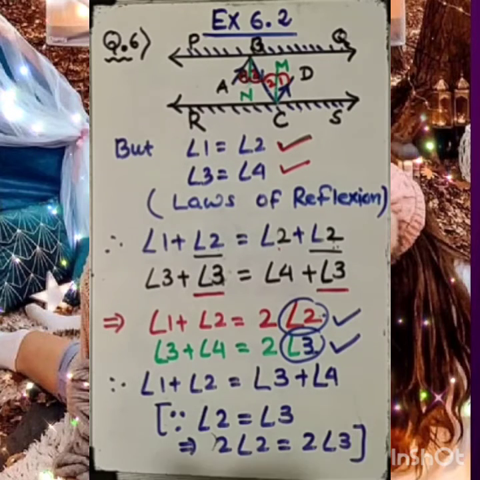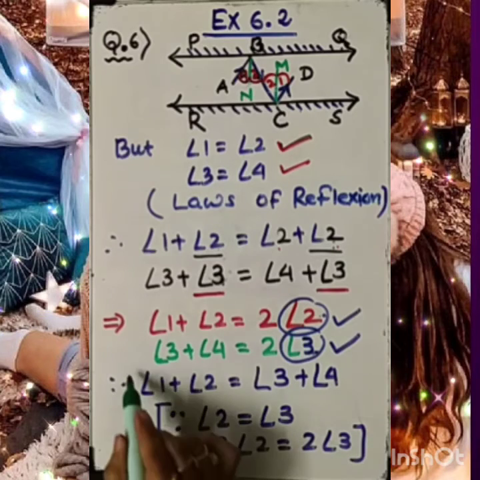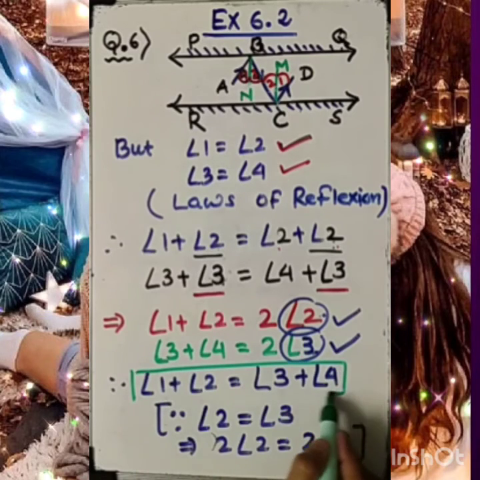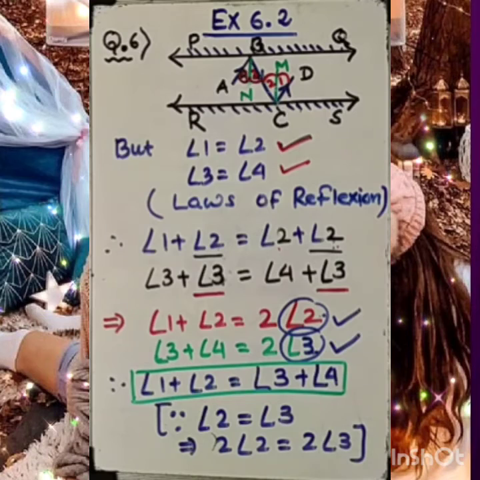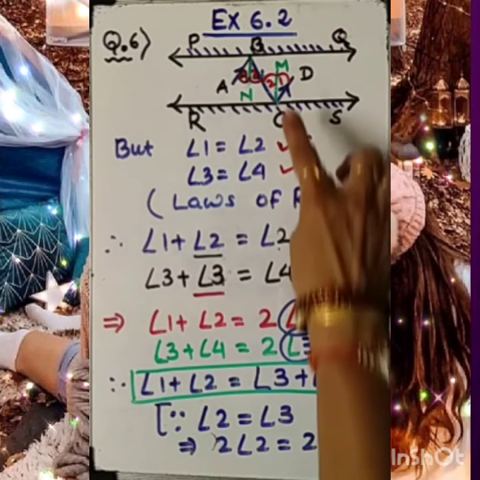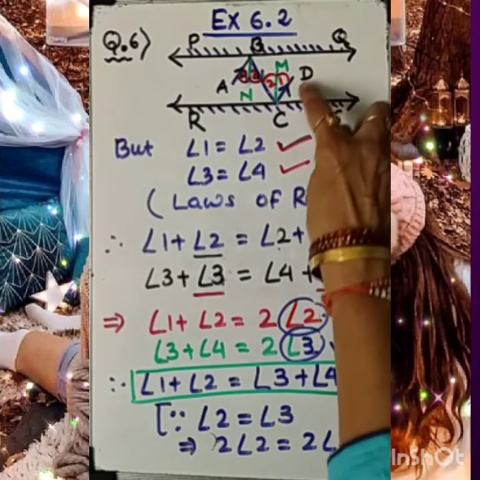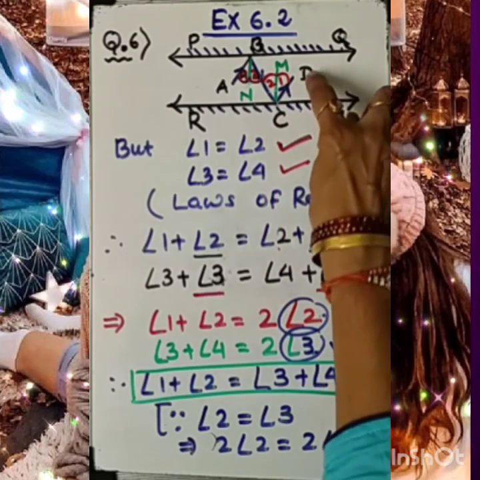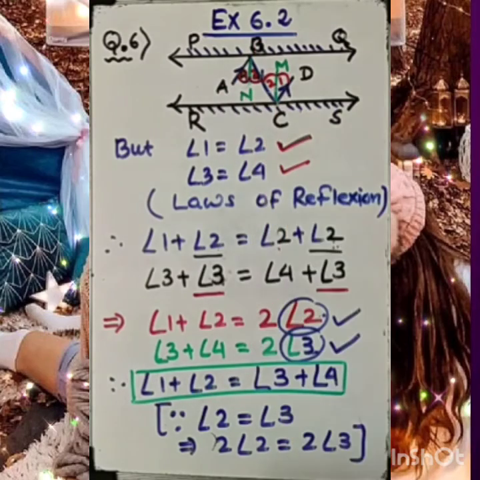That's why we have this important result: angle 1 plus angle 2 is equal to angle 3 plus angle 4, meaning these two angles are similar. So I can say BCD and ABC are similar. So let's proceed further.